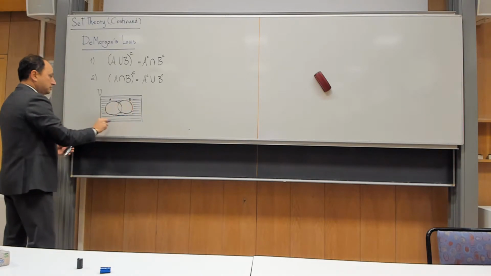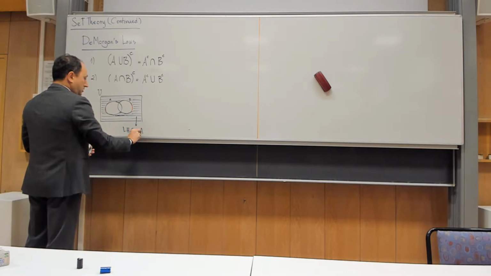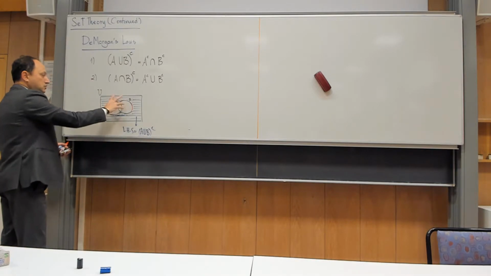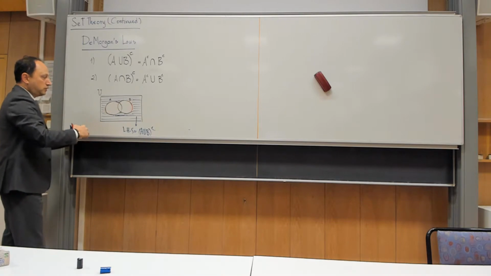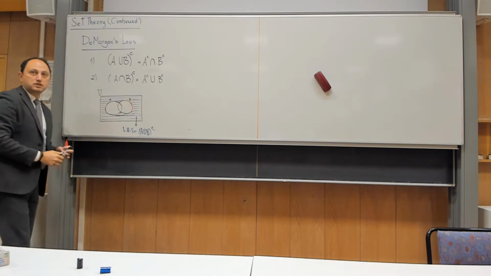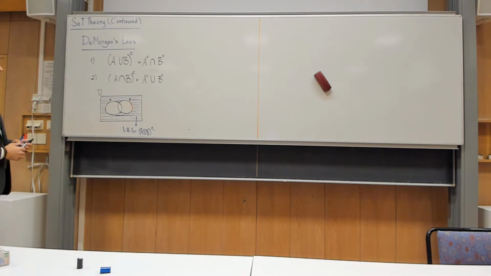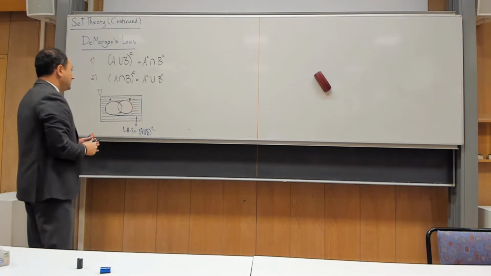Is that understandable? This is the left-hand side, which is the complement of A union B. I union these two first, it becomes what is inside this red boundary, and whatever is inside the rectangle but outside this red boundary is its complement.